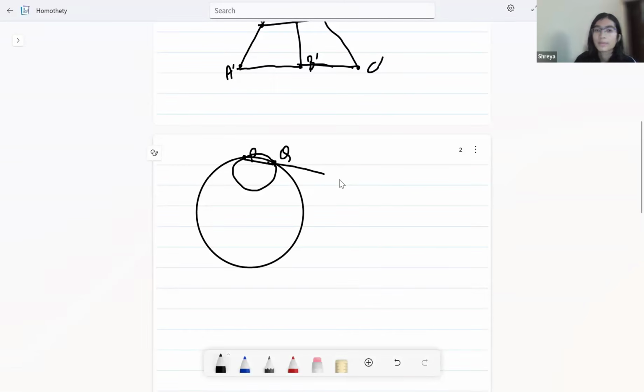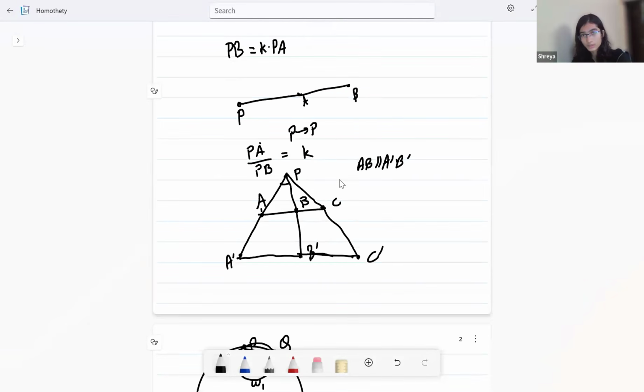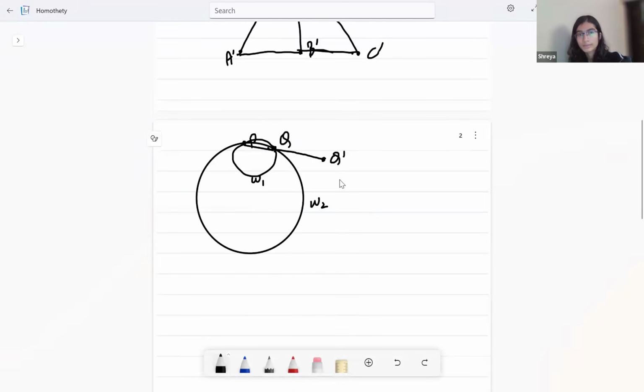So Q lies on the small circle, so it's coming from some point on the big circle. Right? So you take the reverse homothety if this is omega 1 and this is omega 2. You can reverse the homothety and it's still a homothety. So you look at the homothety taking omega 2 back to omega 1.